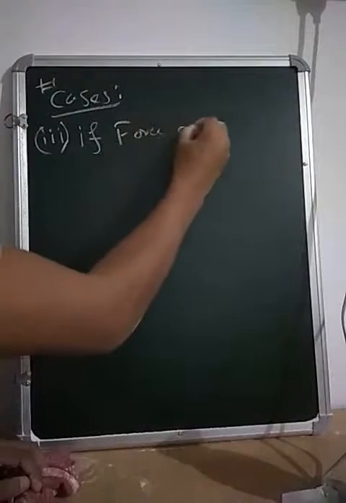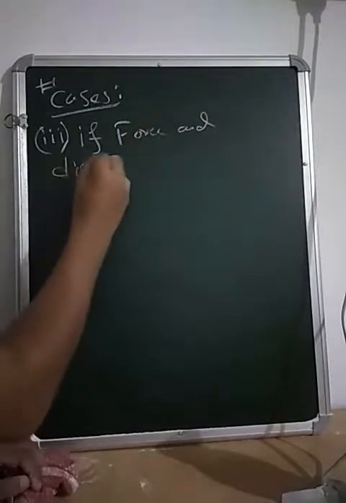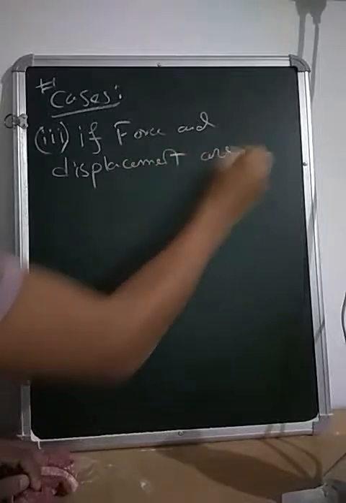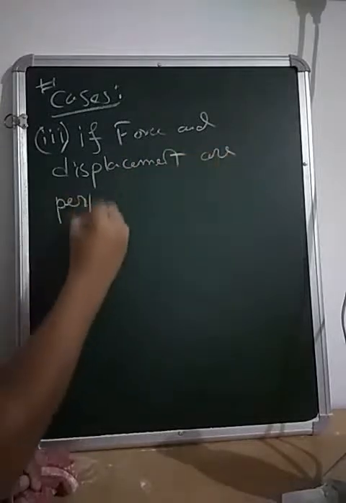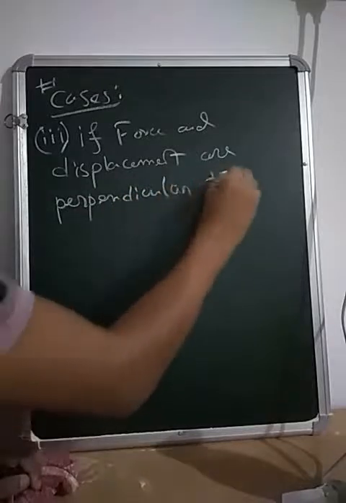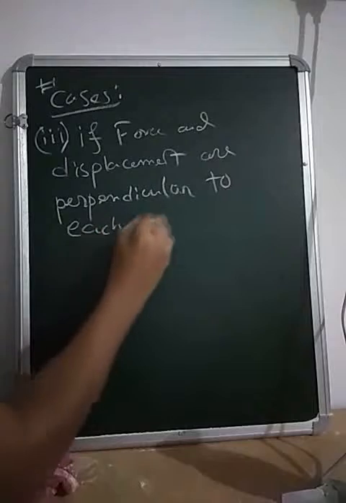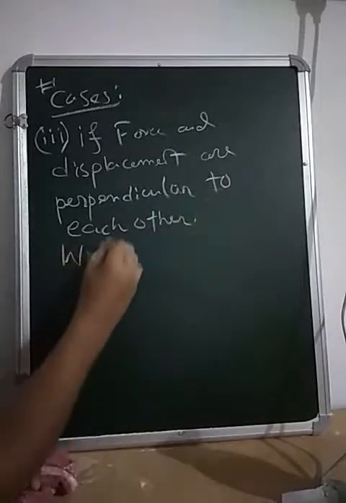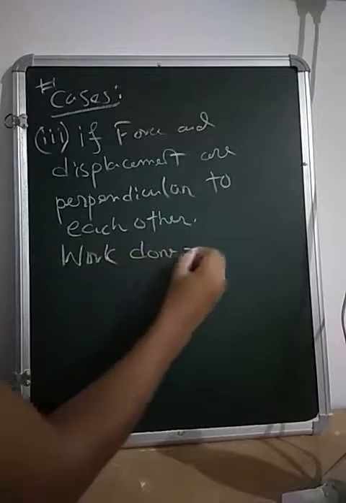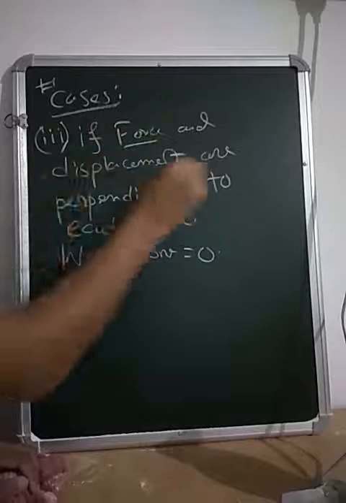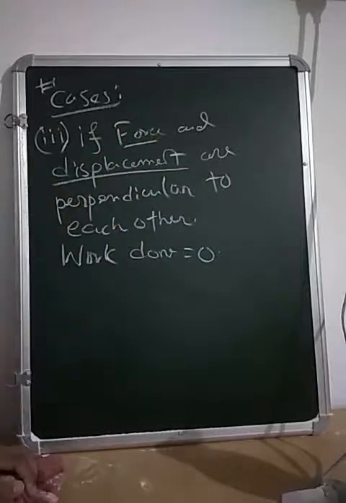The third case is that if force and displacement are perpendicular to each other, then the work done is 0.